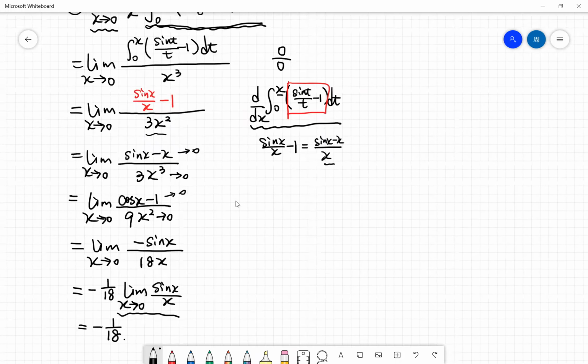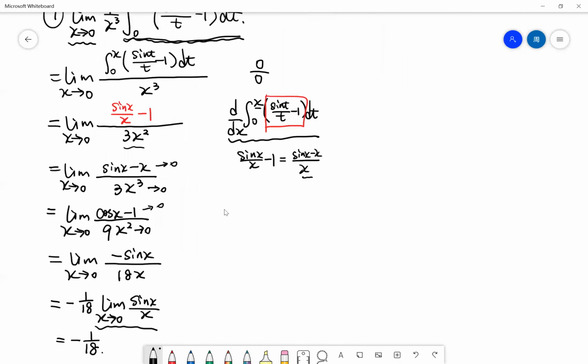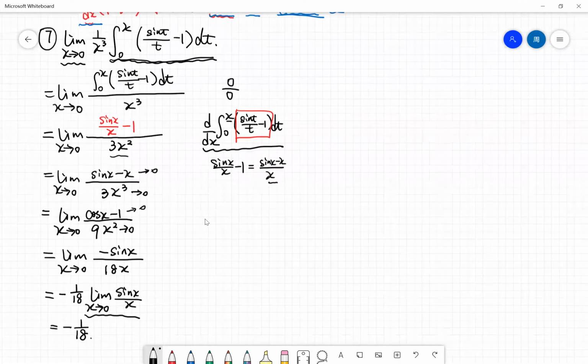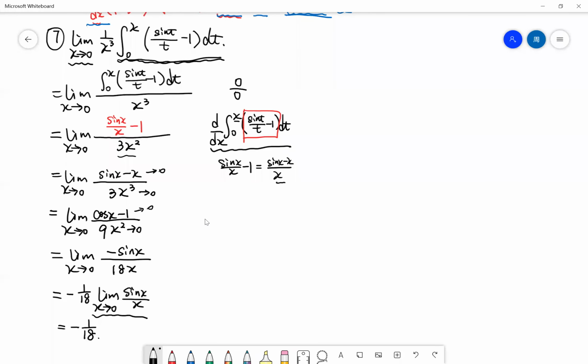And as you can see here, we use L'Hopital's rule. We use how to calculate the derivative of this kind of definite integral. And we use the important limit, the result of the important limit.